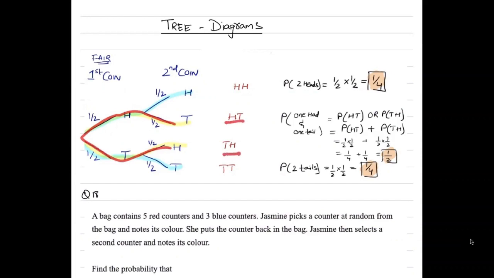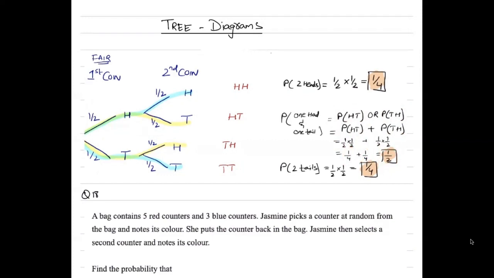So you're going to evaluate the probabilities of both. So either it can be probability of head tail or probability of tail head. The probability of head tail is again 1 upon 2 times 1 upon 2, that is 1 upon 4. The probability of getting a tail and a head is 1 upon 2 times 1 upon 2, that is also 1 upon 4. So 1 upon 4 plus 1 upon 4 is 1 upon 2.